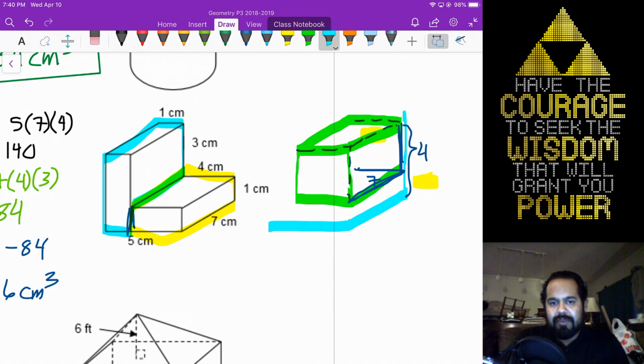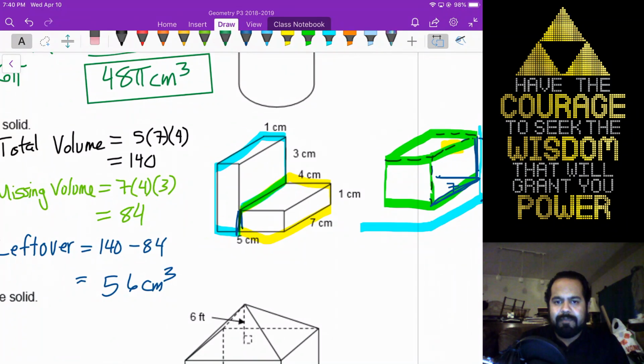So again, it's all on your preference. Do you want to find the volumes of little pieces? Or do you want to find the volume of an entire section and then remove a chunk? You are going to get the same answer. This second way is going to involve a little more work in terms of finding what missing parts go where.